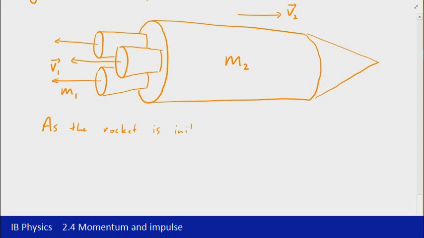If we're thinking about a rocket moving through space, then it might have an initial velocity. Ultimately though that initial momentum will be maintained. But if we look at this simple case first of a rocket that is initially stationary, the total system momentum will be equal to 0.